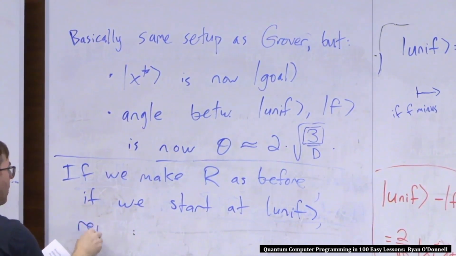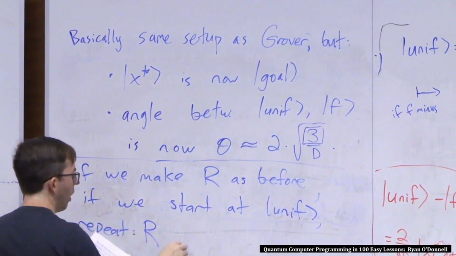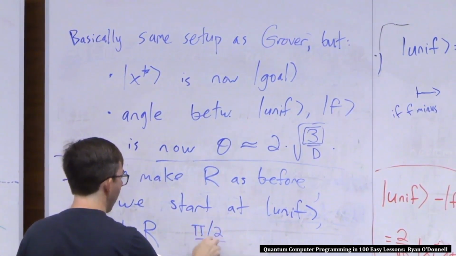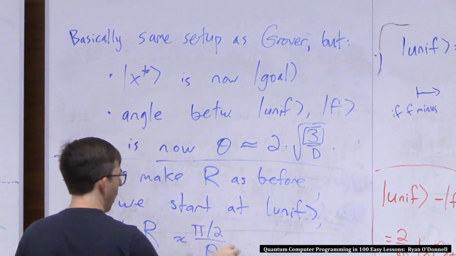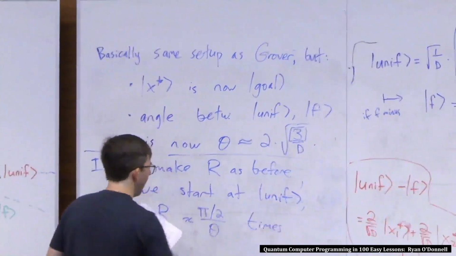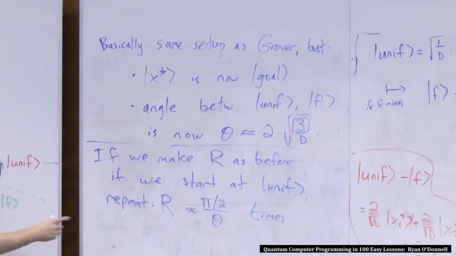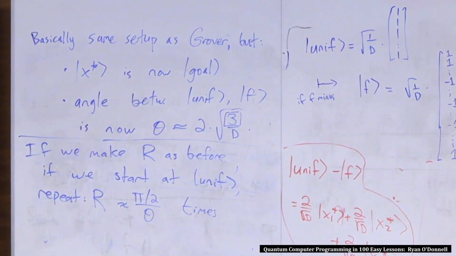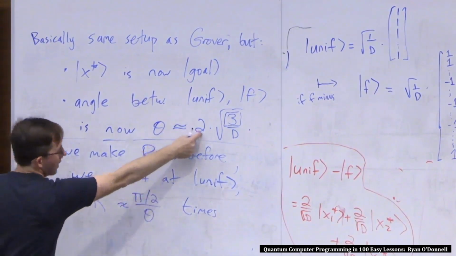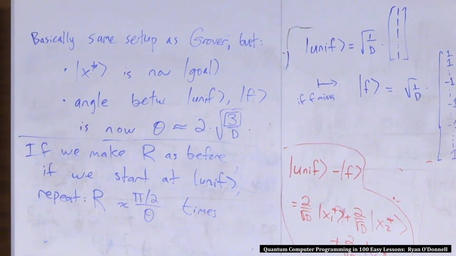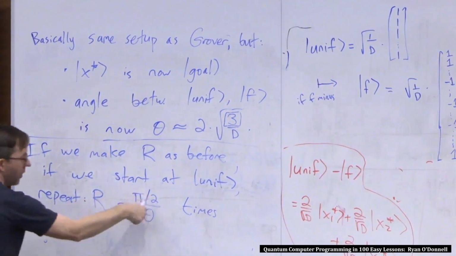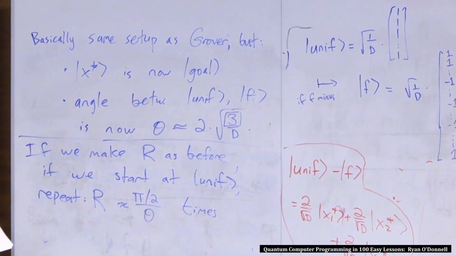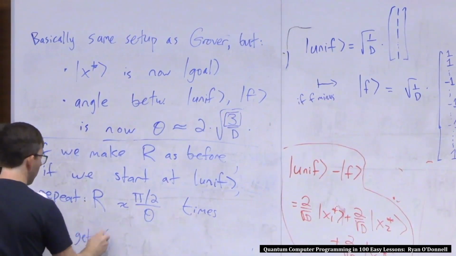We repeat R for basically 90 degrees over theta times. And this is extremely tiny fudging: this pi over 2 should really be 90 degrees minus half of theta. But theta is exponentially tiny, so it's not a big deal. And theta is not literally this, but it's exponentially close to this. You have to round this off to an integer. But all these differences are super minor. Then we'll get extremely close to goal.